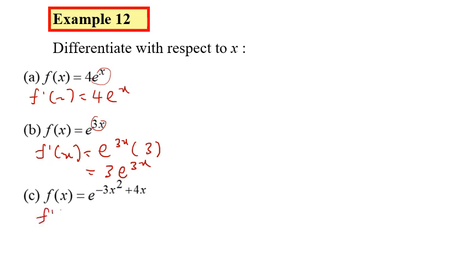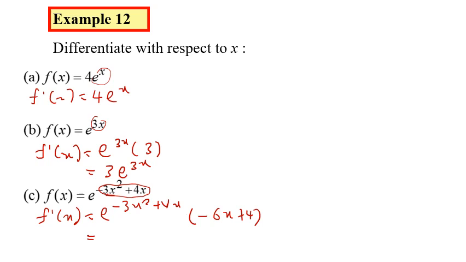Next, question C, e to the power of negative 3x squared plus 4x. So f prime would be, remember, first we copy, and then we differentiate the power. Differentiating gives negative 6x plus 4. We can factorize further, or just leave it like that.